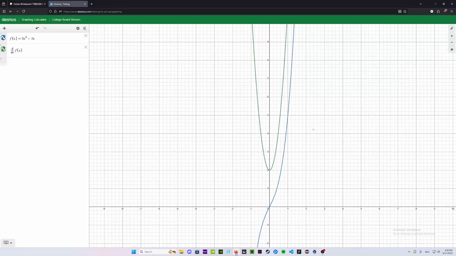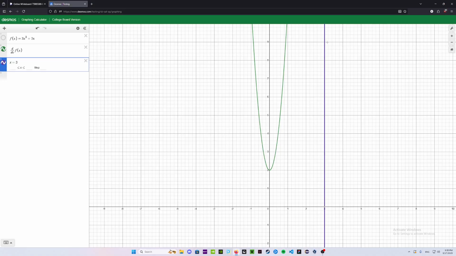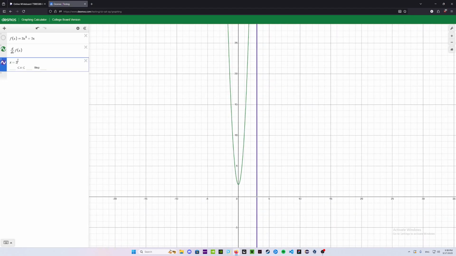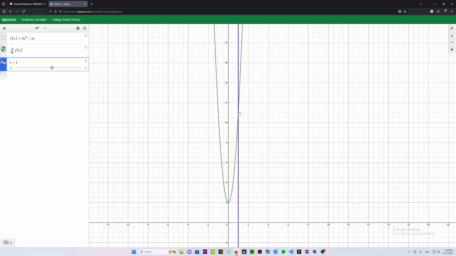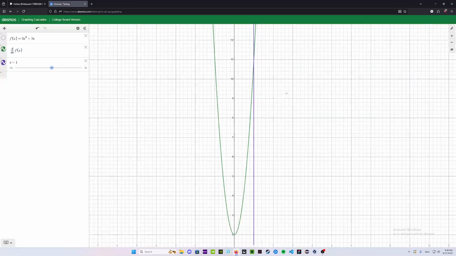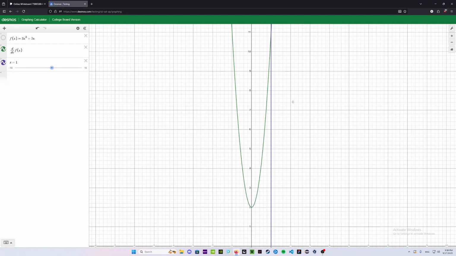This is my graph. Pretty simple, right? I would think so. Now, I'll hide this. To find the derivative at whatever point, you can just do x equals, let's see, say I want 3. Okay, 3 is kind of big. I'll do 2. Nope, 1. Alright, yeah. And that's going to be 11. Pretty easy.